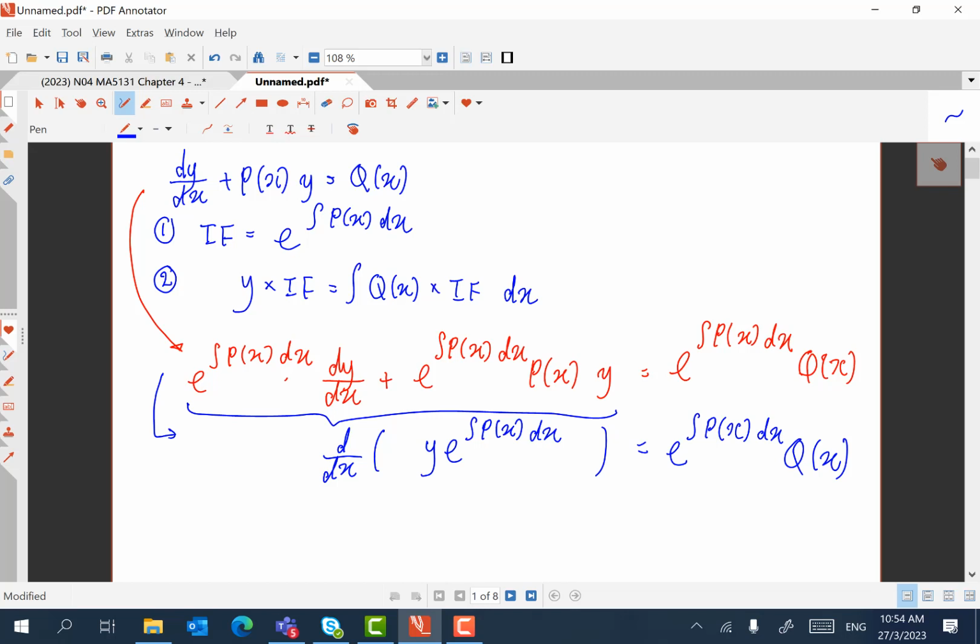So once again, do you see the last blue line, how the second last red line leads to the last blue line?